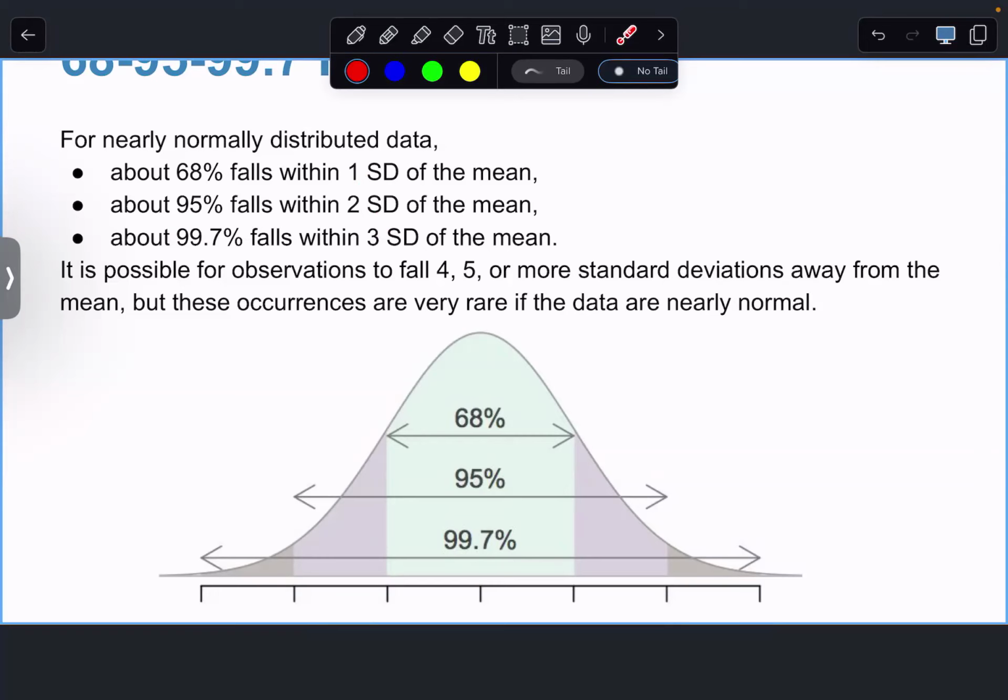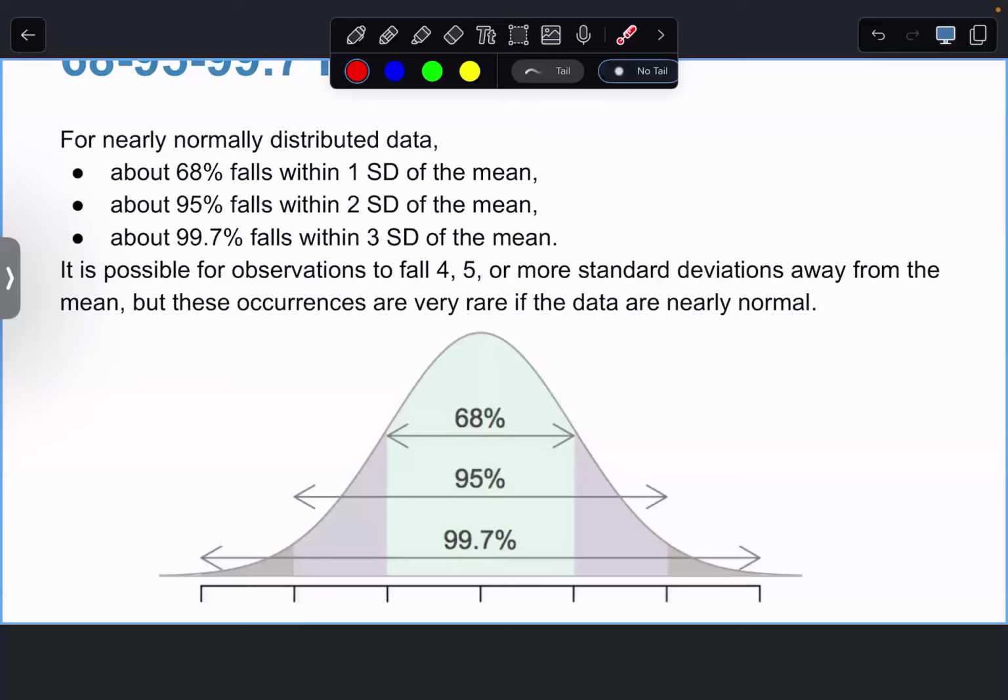Within 1 standard deviation of the mean, we have the central 68% of the curve. Then if we move out another standard deviation, so now we're out plus or minus 2 standard deviations, we have about 95%. And then at 3, we have about 99.7% of the curve.